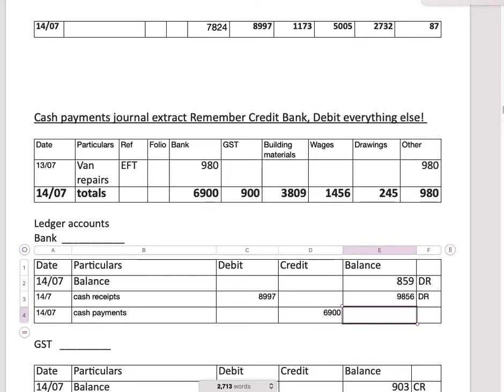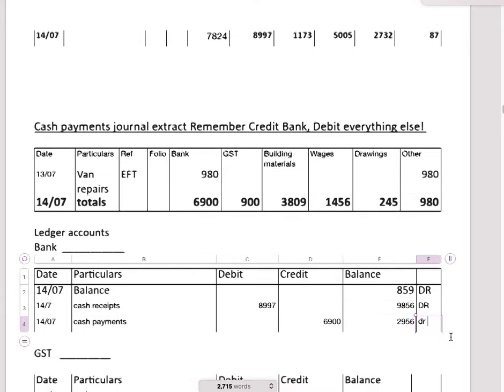So back to your calculator, we've got a balance of $9,856 and we are taking away $6,900, which gives us a balance of $2,956. And we haven't gone through negative, we've still got money in the bank, so that is a DR balance there. It doesn't matter if you have a capital or a lowercase, and that's how we do the bank account.